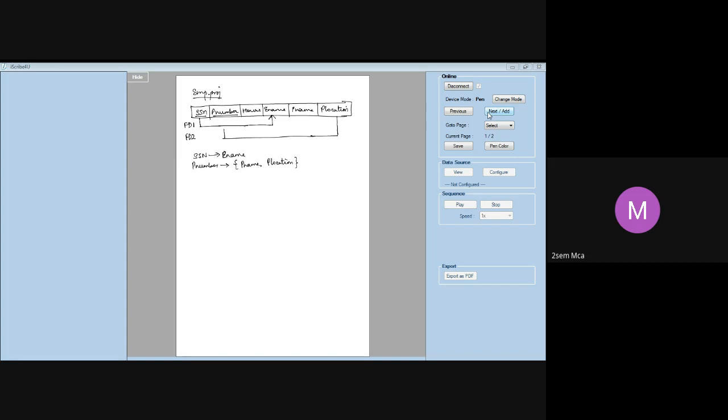Look at the arrows. Where are we putting? All your set of Y attributes should have the arrow headed towards them. This is how you represent your FD2. P number, we have marked it here. P number determines P name and P location.